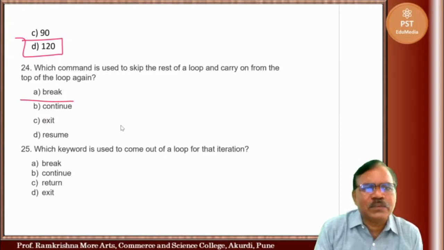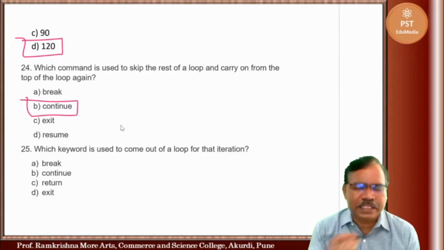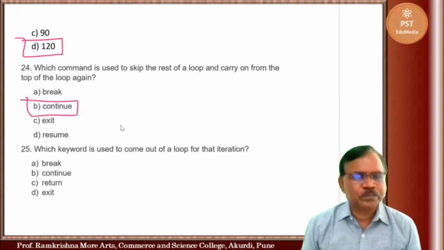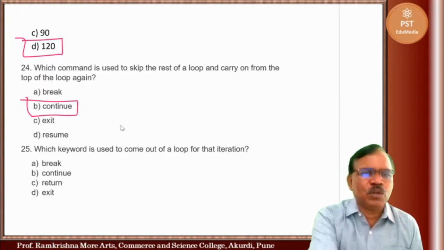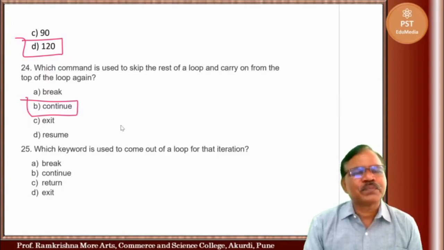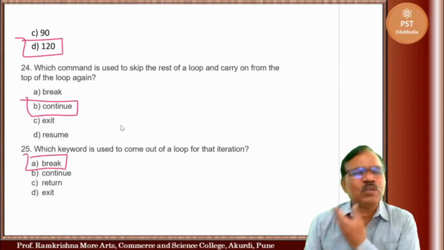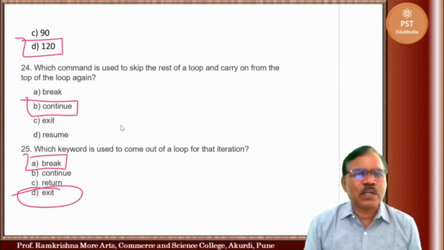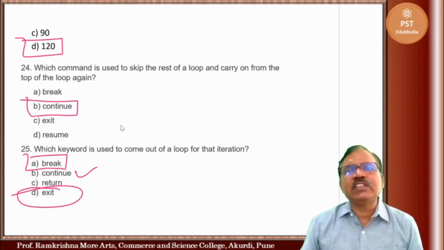It is continue. Okay. Which keyword is used to come out of the loop? Break. It is break. Break comes out of that loop. Exit comes out of the program itself, and continue stays in the loop, it just does not execute the remaining statements.